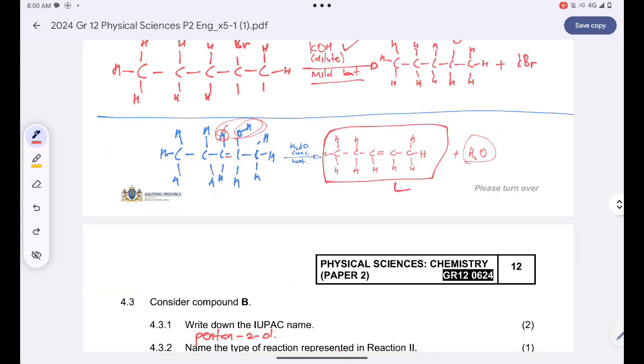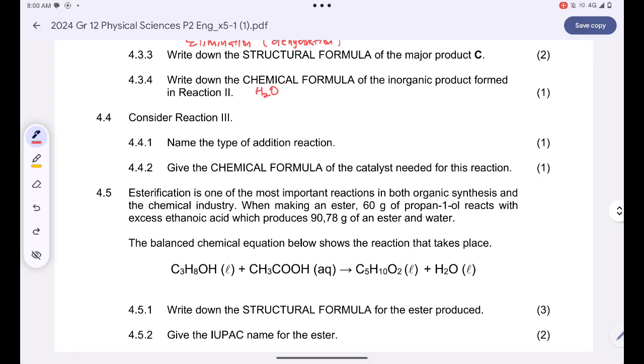So let's go and answer those 2 questions. The type of addition reaction is hydrogenation because we are adding hydrogen. And then for the chemical formula of the catalyst, you can use platinum, lead, or nickel. Just pick one of the 3 catalysts, guys, and you'll get your correct answer.